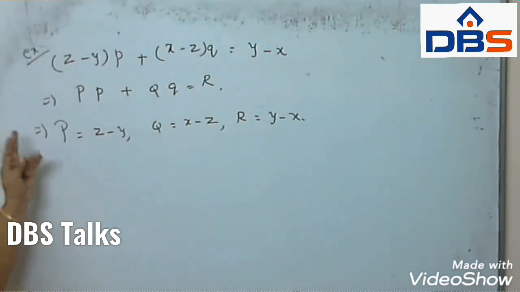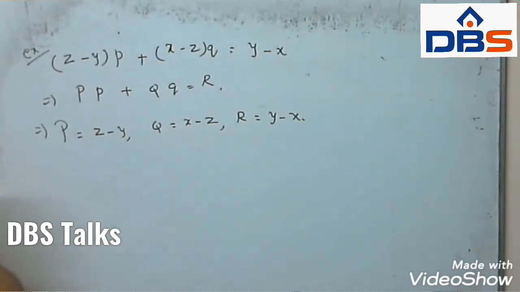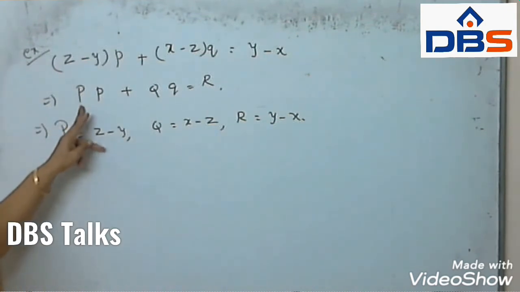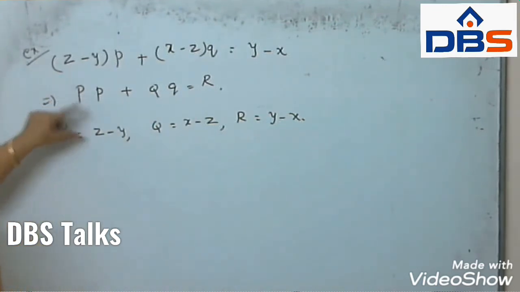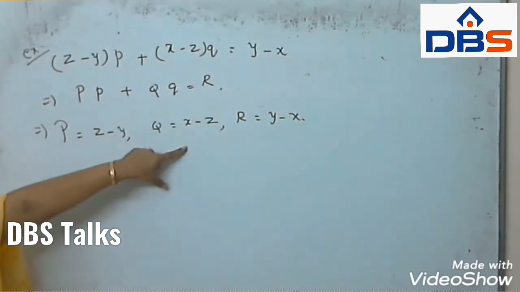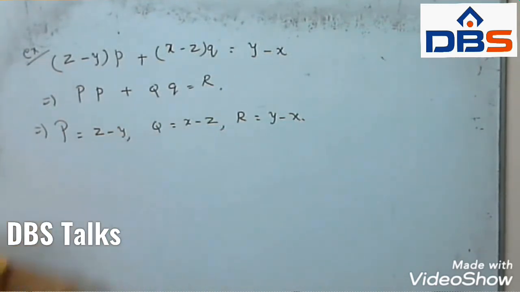So first write the P, Q, R values from the given equation, because Cauchy's general form is Pp plus Qq equal to R. Capital P means function of x, y, z, capital Q means function of x, y, z, and small p, small q are derivatives.